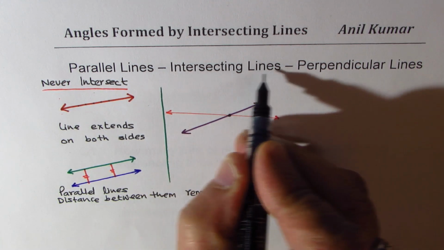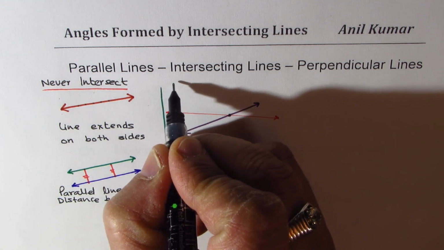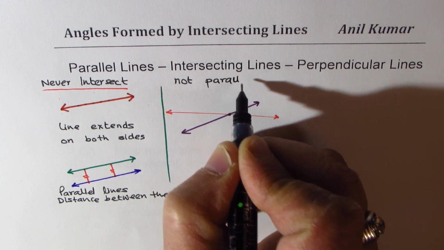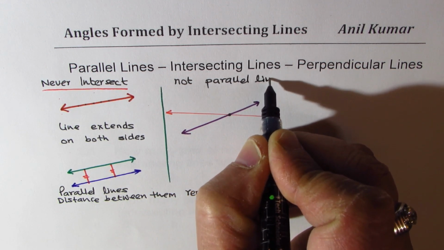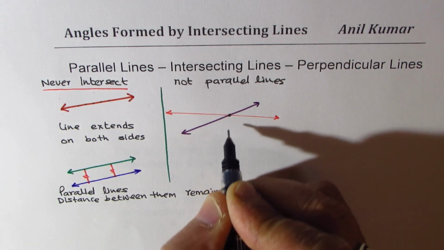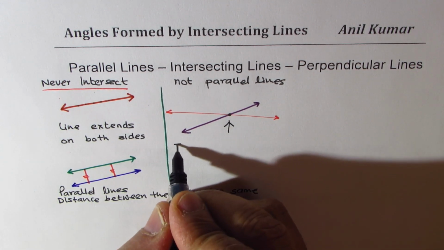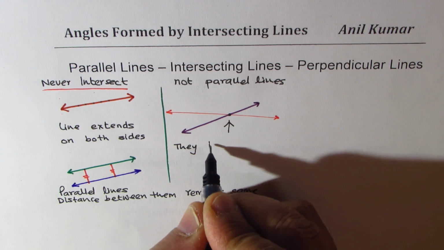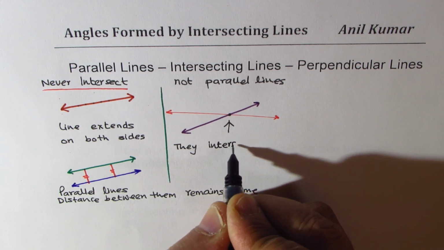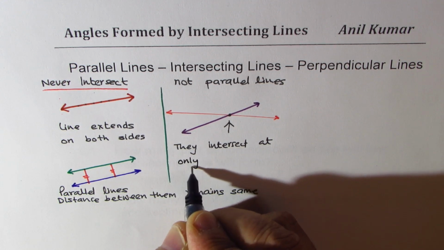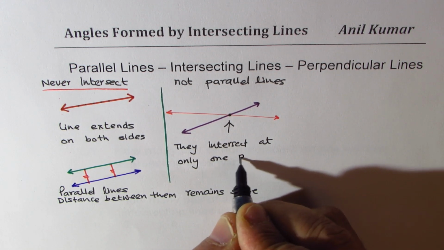So intersecting lines are not parallel lines. They intersect, and they will always intersect at a point. So they intersect at only one point.